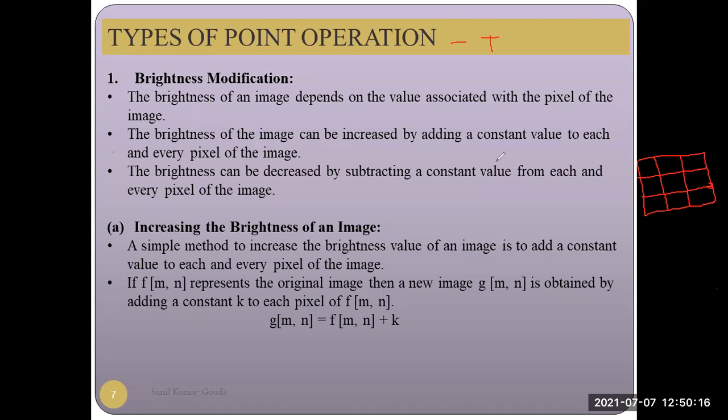When you perform the quantization, certain values will be assigned. Now these values will be the intensity levels. Suppose this is a grayscale image. Now the range of this intensity level will be 0 to 255.